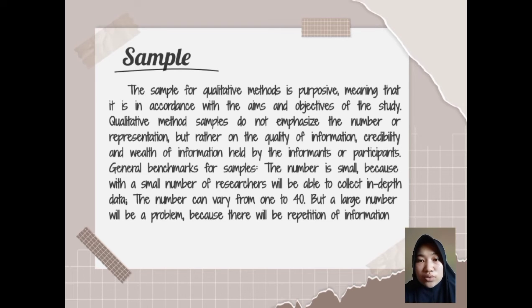As a general benchmark, the number is small, because with a small number the researcher will be able to collect in-depth data. The number can vary from 1 to 40, but a large number will be a problem because there will be repetition of information.